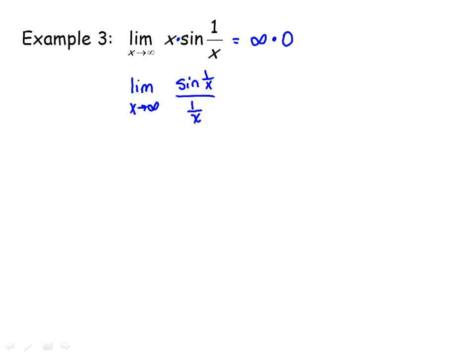Let's apply the limit, though. If we apply the limit now, sine of 1 over x, sine of 1 over infinity, 1 over infinity goes to 0, and sine of 0 is 0. Over 1 over infinity is still 0. So we get the indeterminate form. Now what?